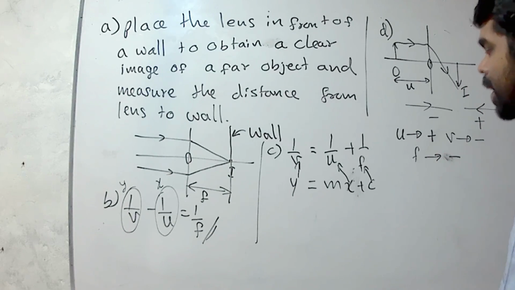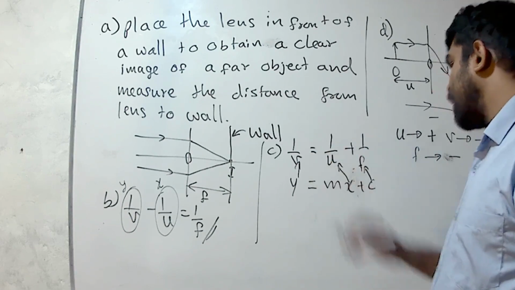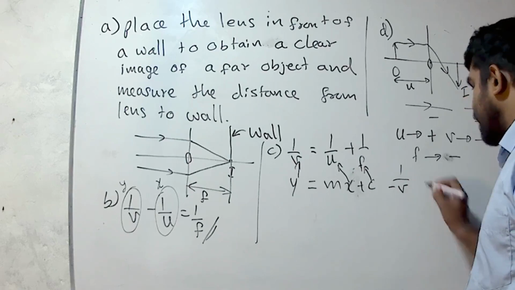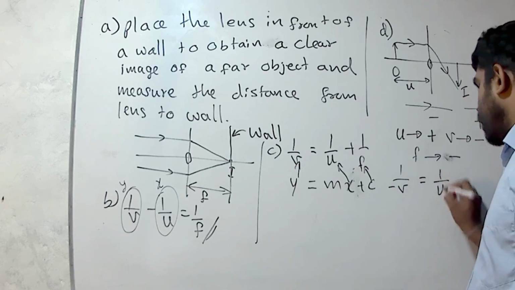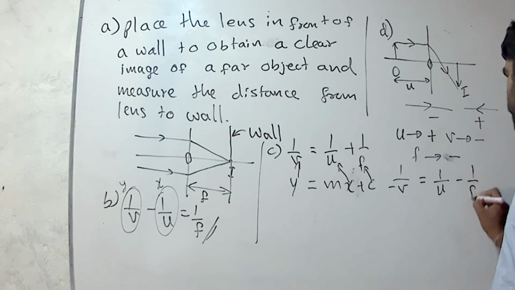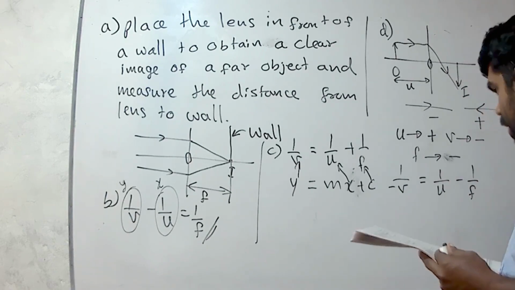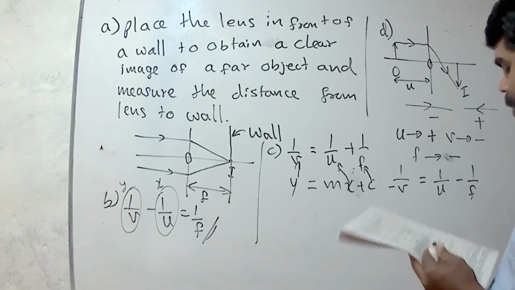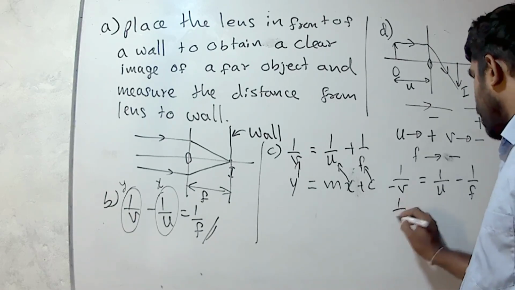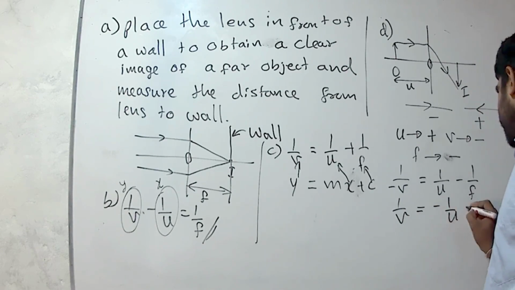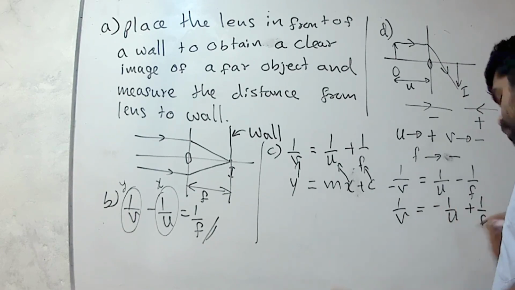Then we can apply the sign convention to this equation: 1 over v value minus, 1 over u value plus, 1 over f value minus. Now I will change the sign of all terms. 1 over v equals minus 1 over u plus 1 over f.